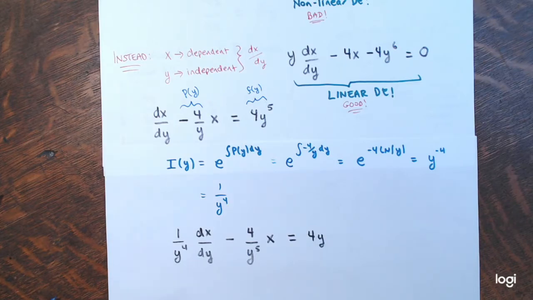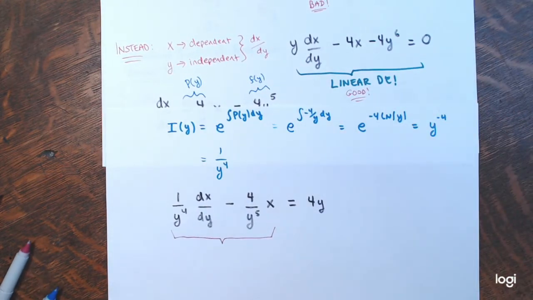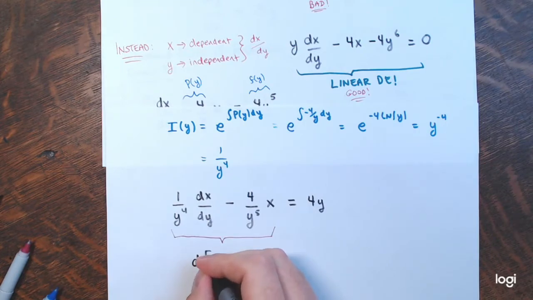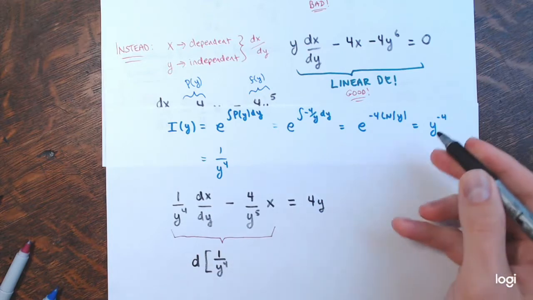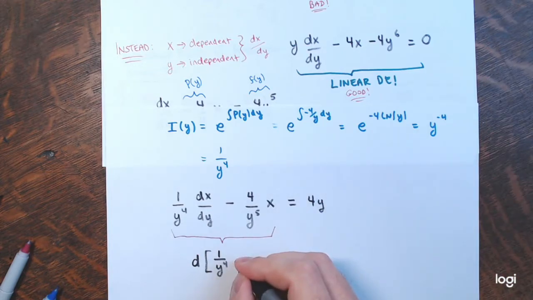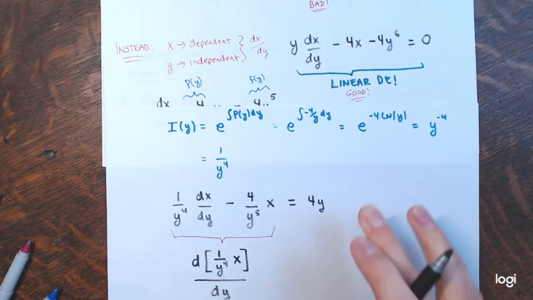And again, the whole point of doing this is so I get this left side to be the derivative of some product, where the product rule was used. This is actually the derivative of 1 over y to the 4th, or y to the negative 4th, times x with respect to y. With respect to the independent variable, which is now y. Got to be careful.